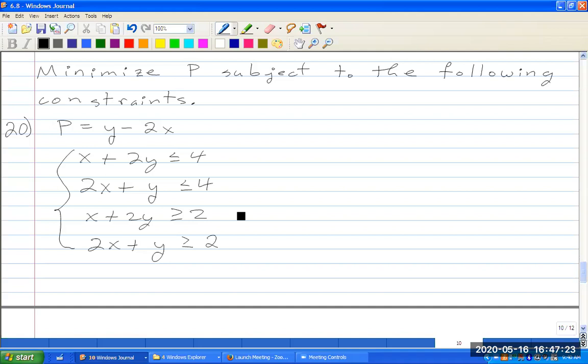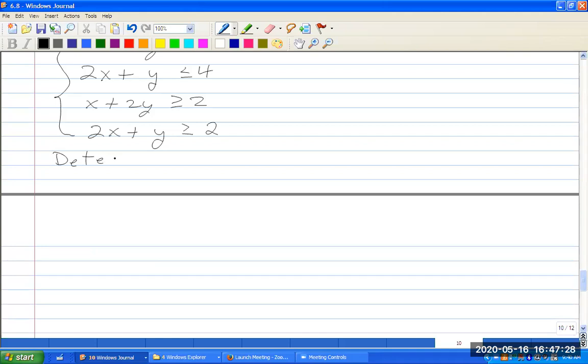So I'm really going to only just look at two of them. So determine the feasibility region.